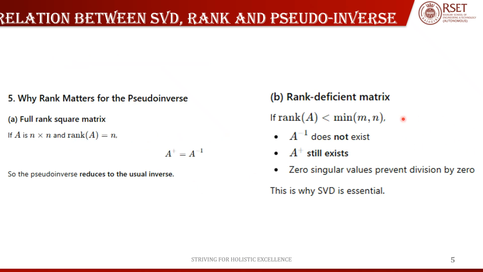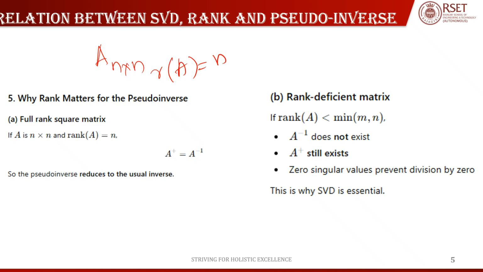Now, why do we need the pseudo inverse? Before that, suppose A is an n by n matrix, and rank of A is also equal to n. If it is a full rank matrix, then definitely it will have an inverse, right? Its determinant will not be equal to 0.